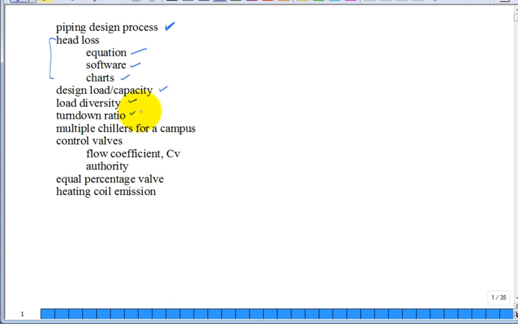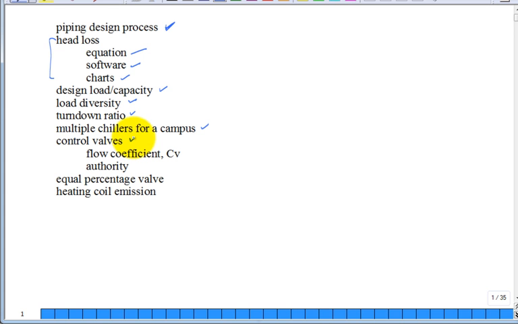But you design to the worst day or the most extreme day of the year within 0.4%. Then on a campus, you'll have multiple chillers, which will give you that great turn-down ratio so that your capacity can match the load, or what you supply matches load.